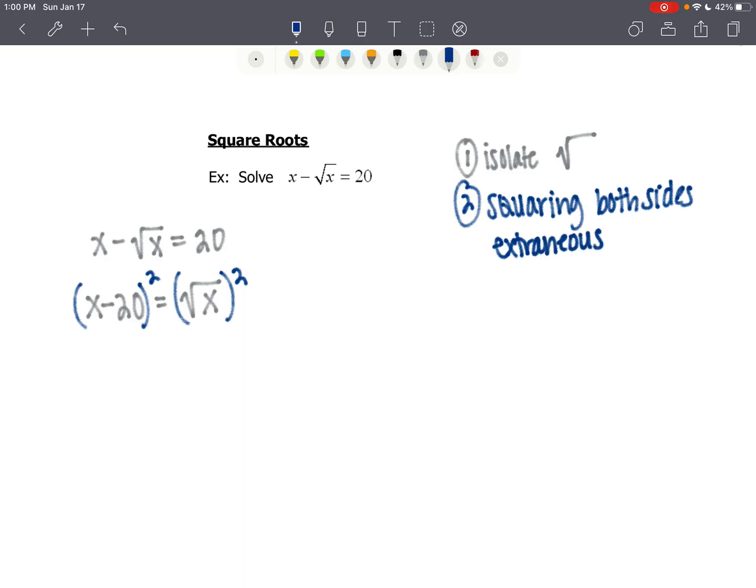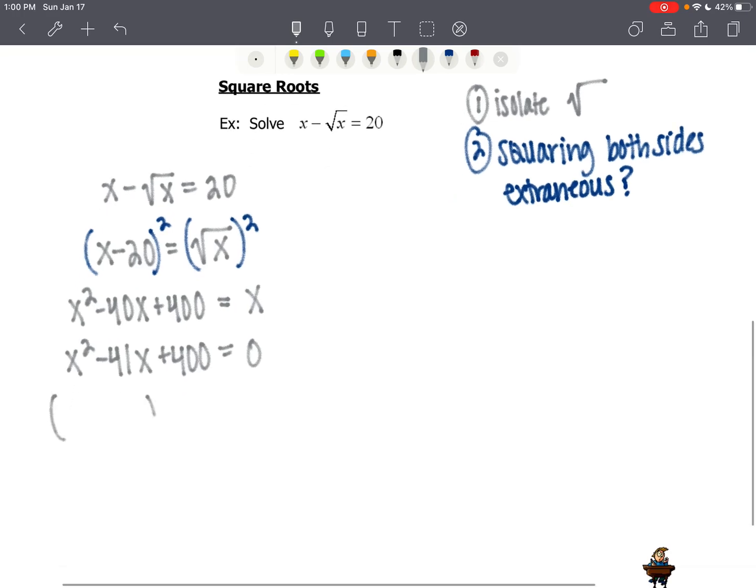So we have to check to make sure that our solutions aren't extraneous. x minus 20 times x minus 20 is x squared minus 40x plus 400. And the square root of x times the square root of x is x. I'm going to subtract x from both sides so that I have my quadratic set equal to 0, and now I'm going to try to factor.